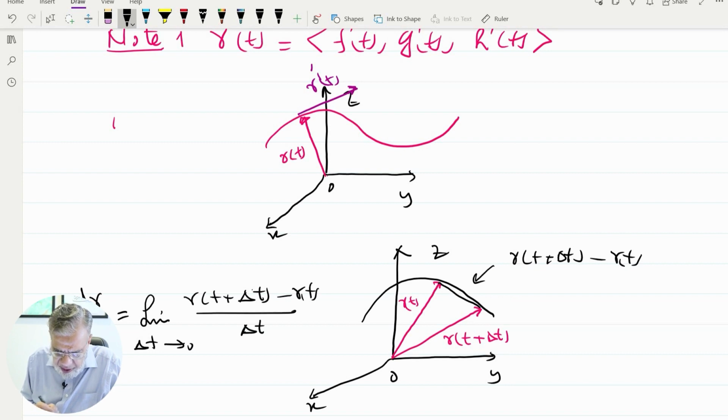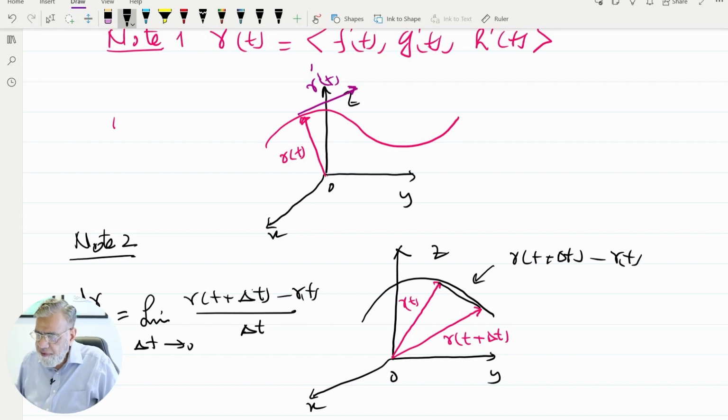So that gives me the derivative of the function. That's my definition. And here r of t has x, y and z components, f of t, g of t, h of t, similarly as I defined above. This is my note 2.